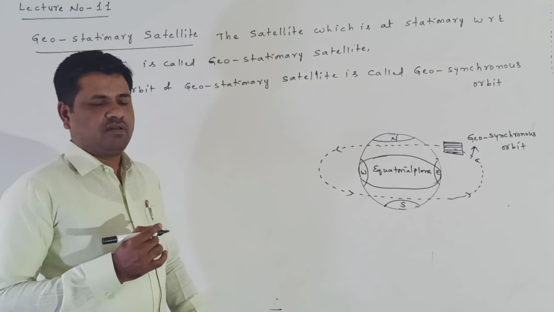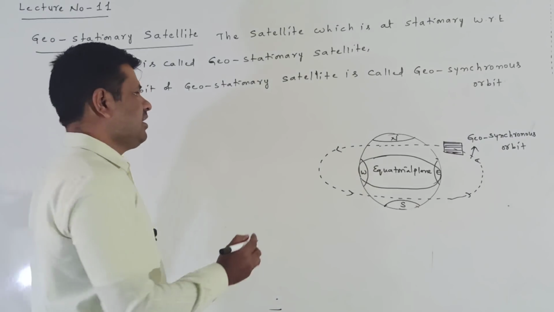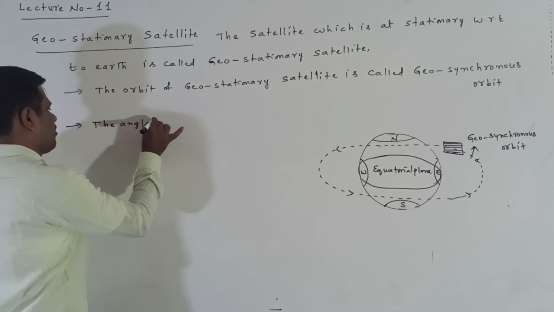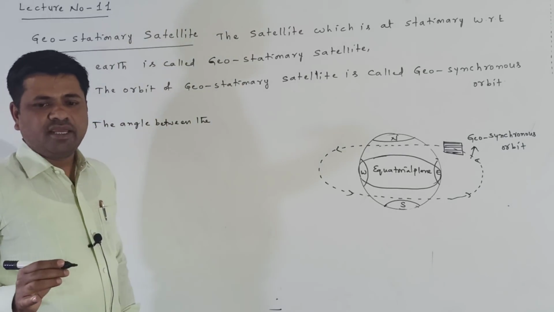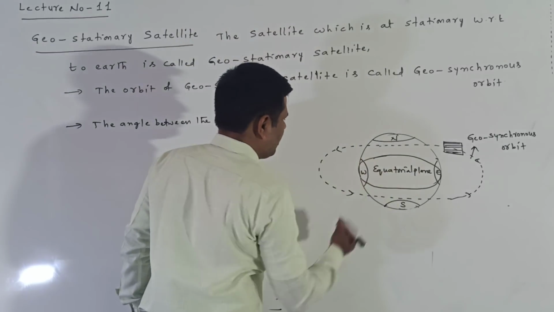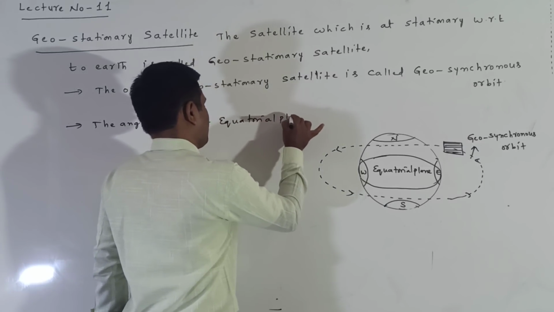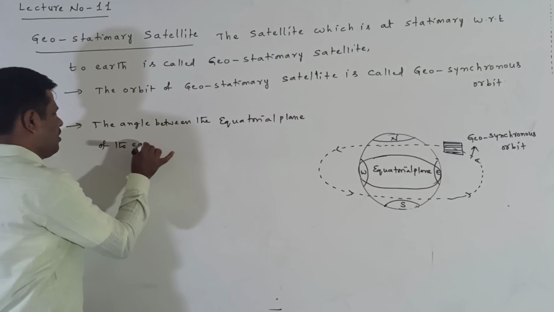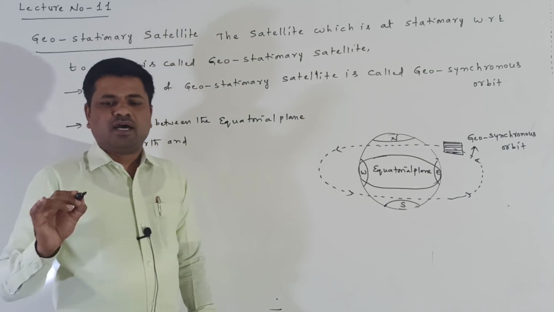The angle between the equatorial plane of the Earth and the orbital plane.